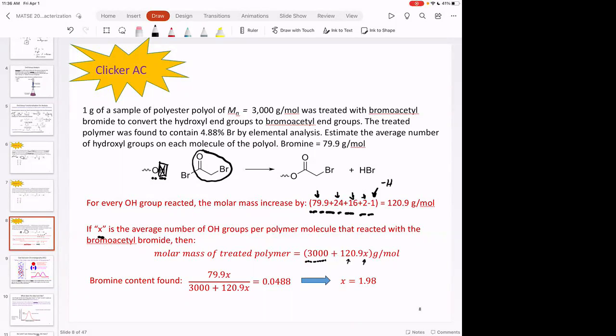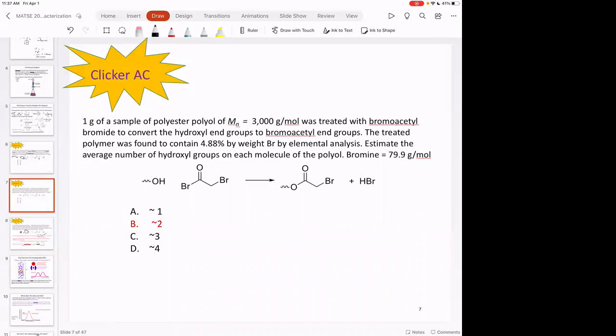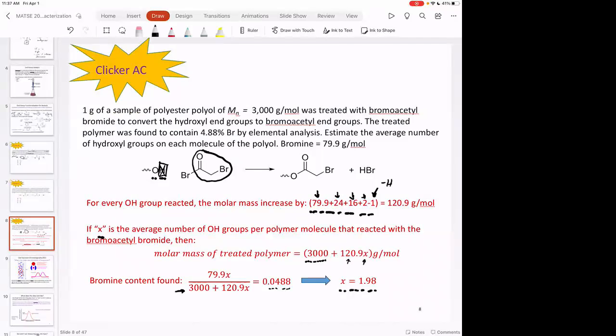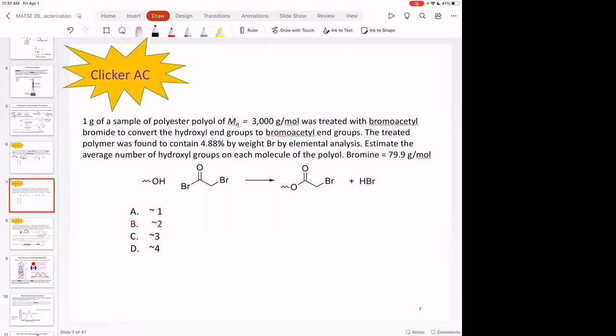So the bromine content is 4.88% by weight. And so that's the number of moles of bromine over the new molecular weight. And so when we solve for X, we get X equals 1.98. So you can ring in, so I know you're here. And that is 2.